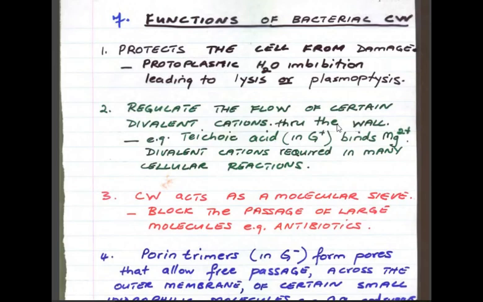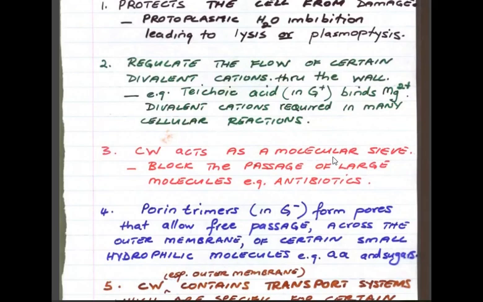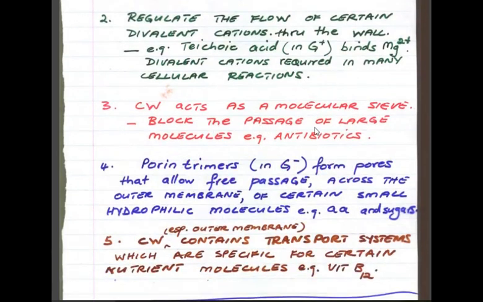Two, the cell wall also acts in the regulation of the flow of certain divalent cations. I've told you which ones. Then the cell wall is also a molecular sieve. Things just don't go and come as they please. They are blocked by their size.